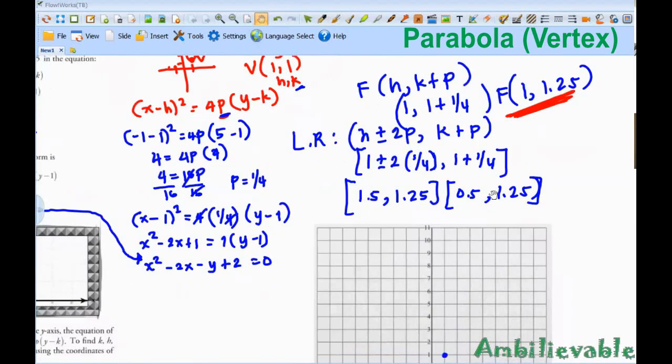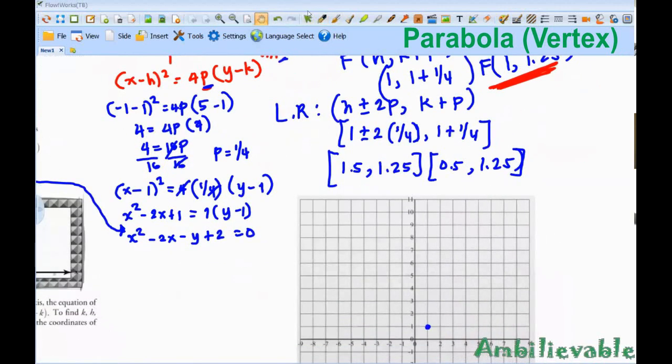So let us plot 1 and 1.25. It's over here.